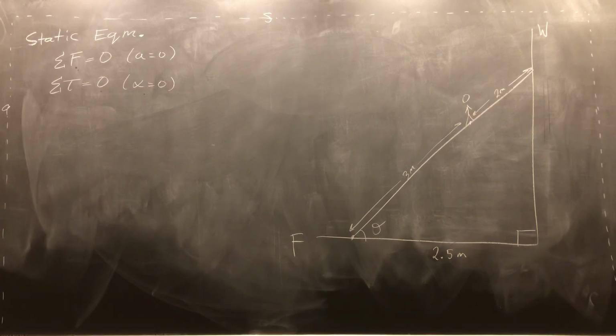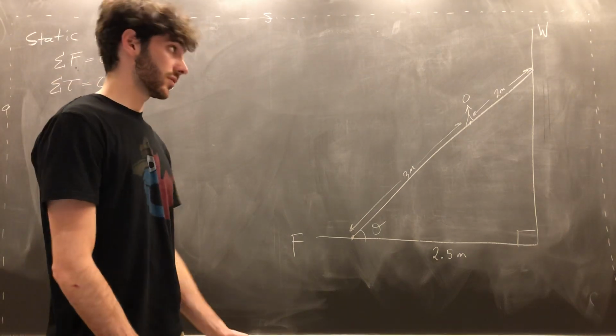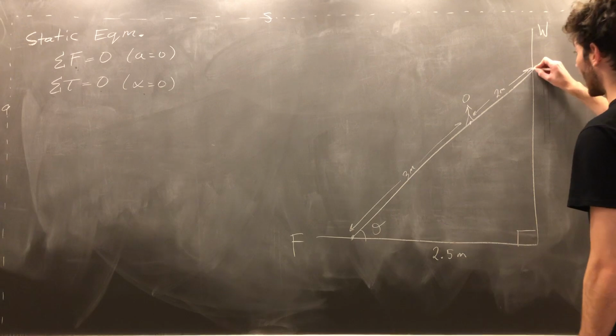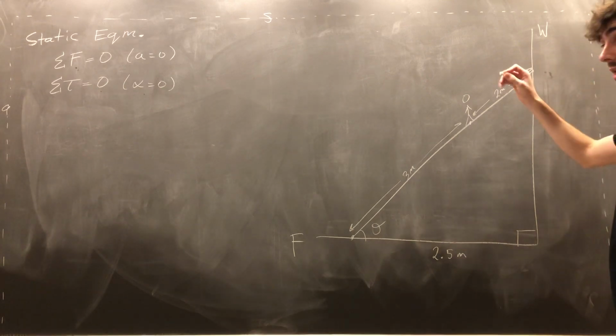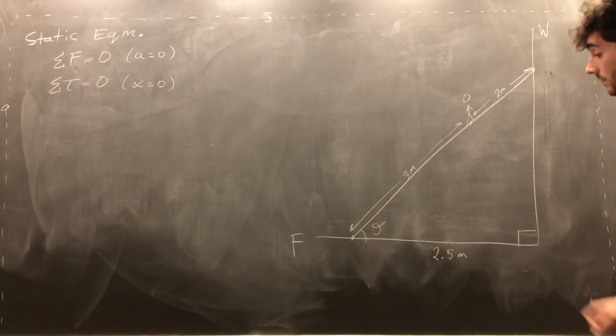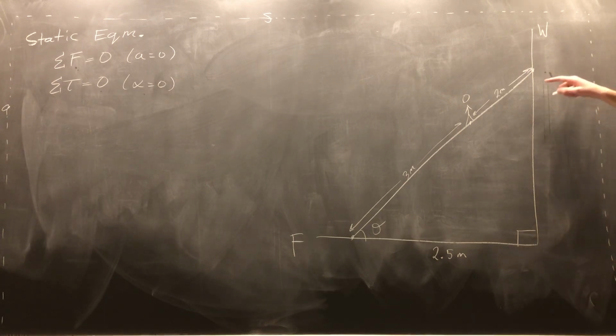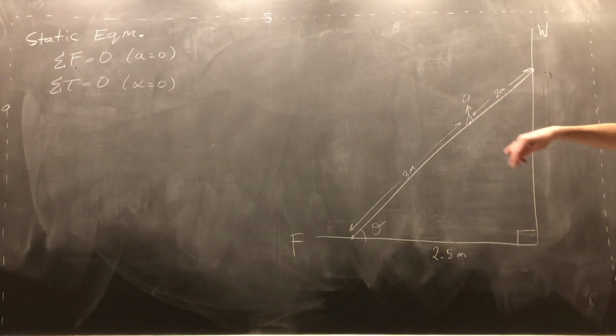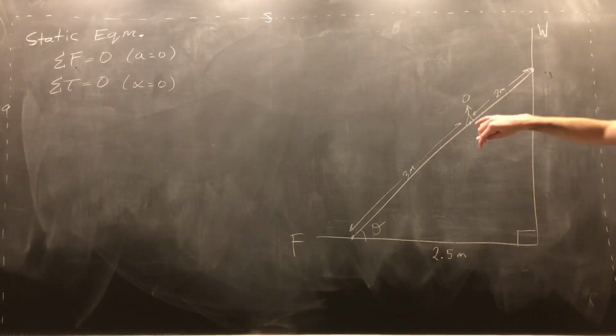So the way we're going to approach this problem, first of all, what they want us to find is the normal force that the wall is imparting on the ladder, so this reaction force up here. And the way we're going to do that is by considering the torque that each force that we'll find is applying to this system.